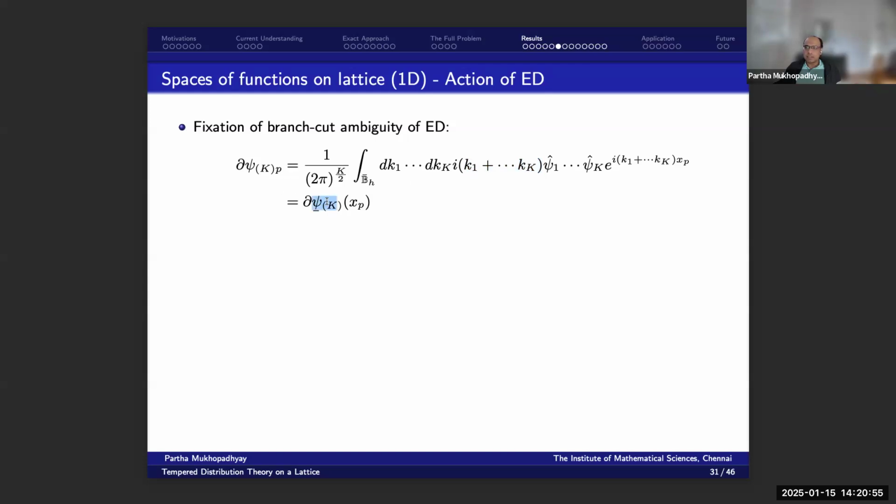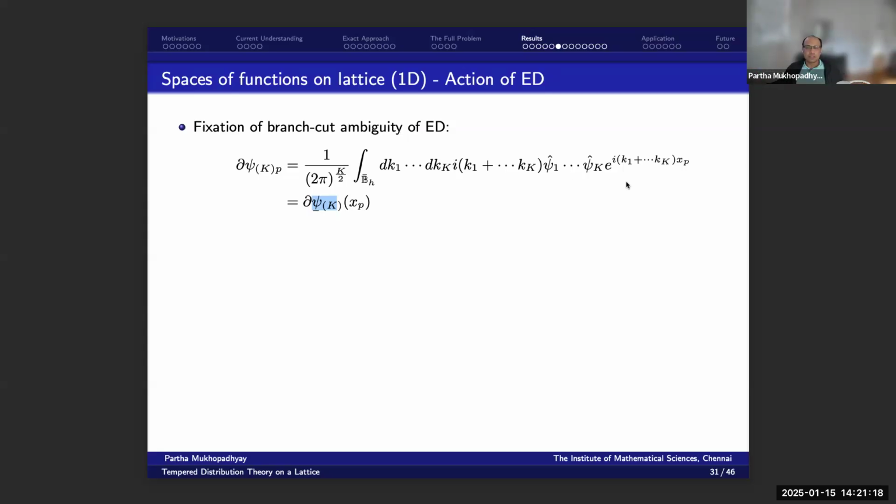And that result is going to be the same as the derivative of the unique continuation. And this unique continuation is nothing but the same Fourier transformation. Take the same Fourier transformation and replace x_p by x, the continuum variable x. Why? Because this Fourier transformation can be interpreted as a Fourier transformation on the entire R, where all these psi hat are extended with zero values outside the Brillouin zone.